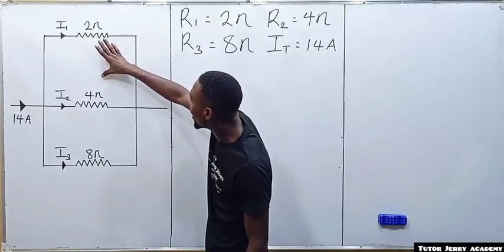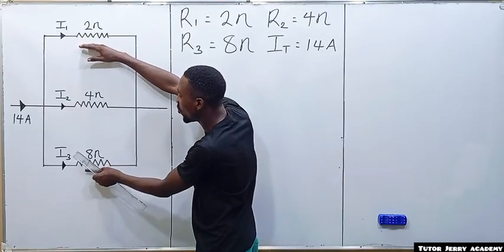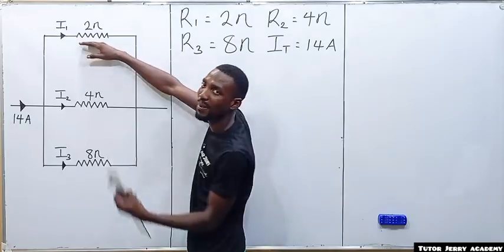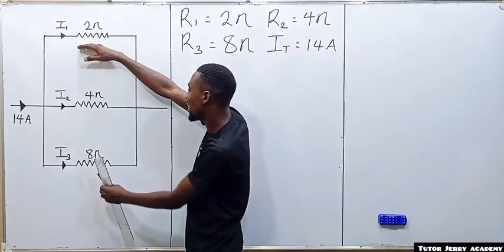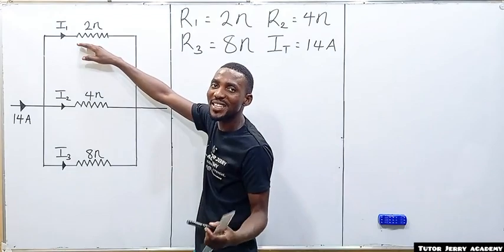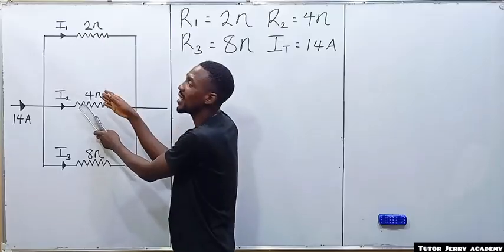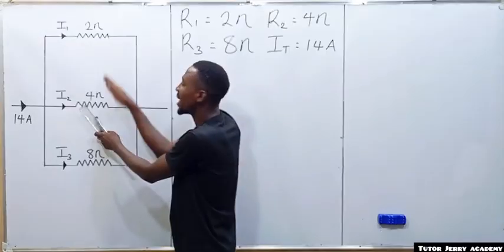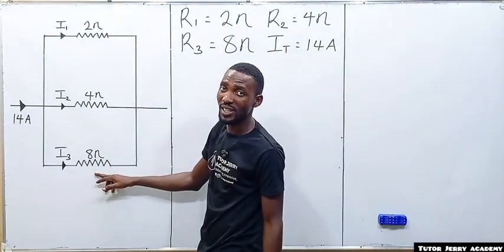We are going to observe that R2 and R3 are in parallel, so we need to find the equivalent resistance. That is 8 multiplied by 4 divided by 8 plus 4. By the time we get the equivalent resistance, we write the answer here. Now we can apply current divider rule to this 2 ohms and the equivalent resistance of 4 ohms and 8 ohms. Is that clear?